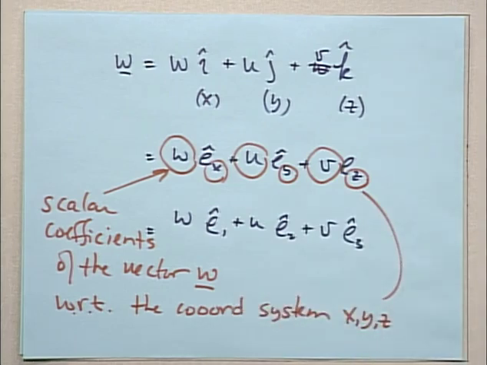So there are coefficients for every vector that tell you how to form that vector in a given coordinate system.